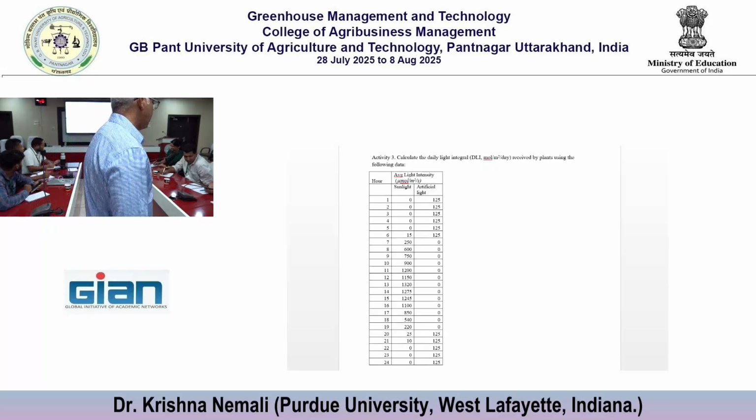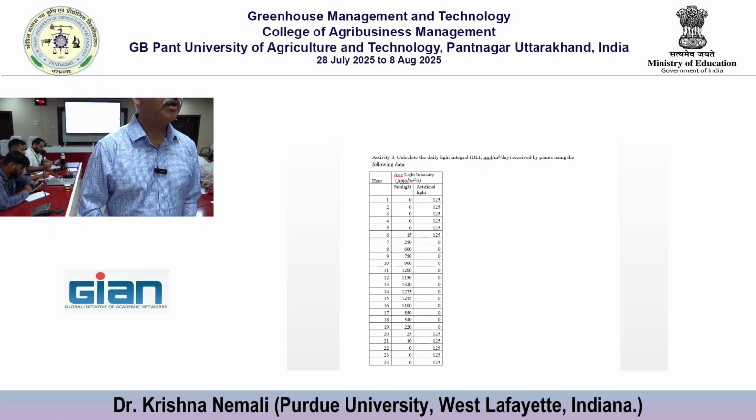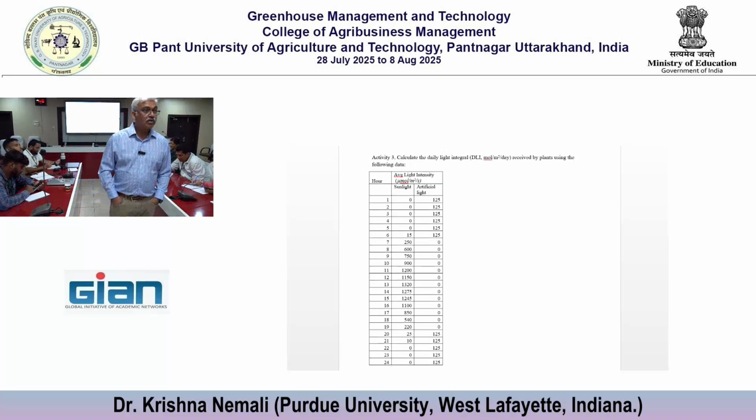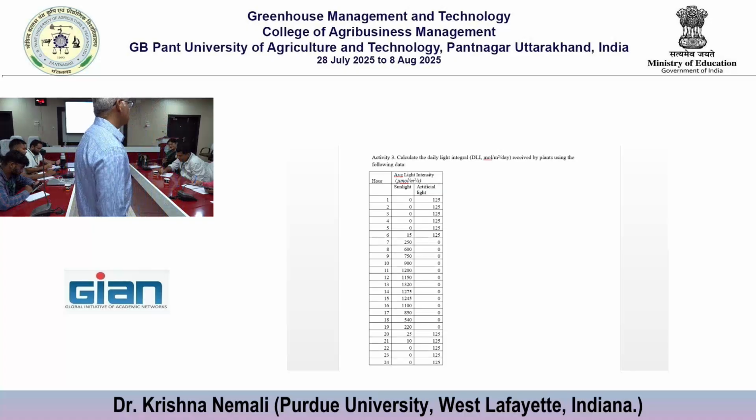There's a lot of light. Yeah, good. That's what you get normally in summer. In summer in this part of the world, in a greenhouse, you get that much light. But the point is, if you do a few numbers, then you understand how to calculate DLI. And again, keep in mind, I just added up these numbers, right?